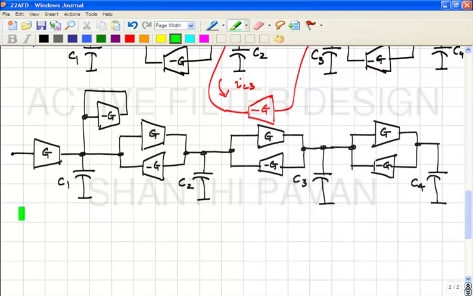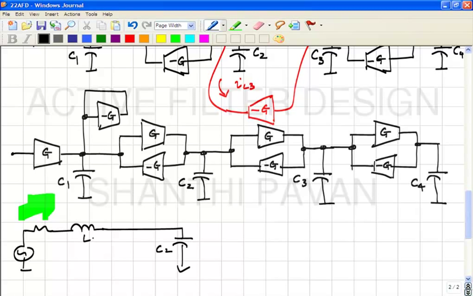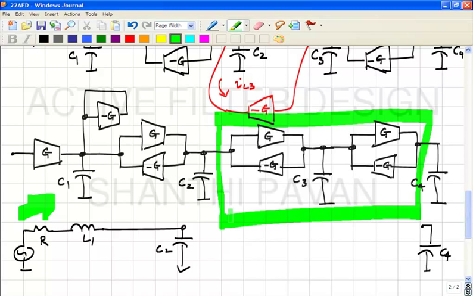So this is nothing but a fancy way of drawing the earlier picture, and if you think about it this way, as far as C2 is concerned, this part is emulating C2 L1 R, and then you can think of this as emulating a floating inductor, L3. Okay.